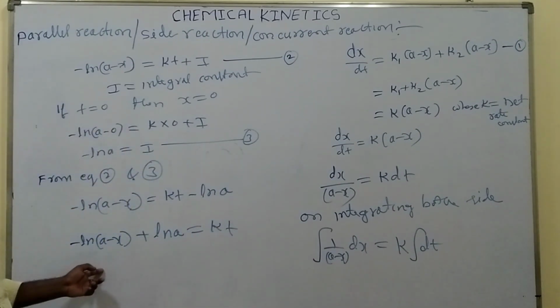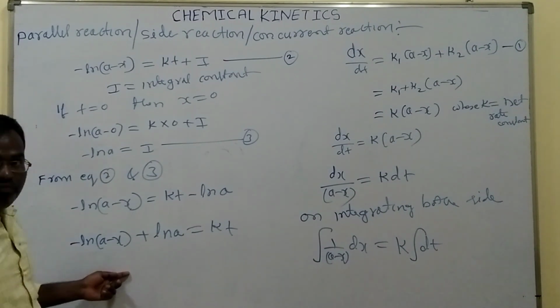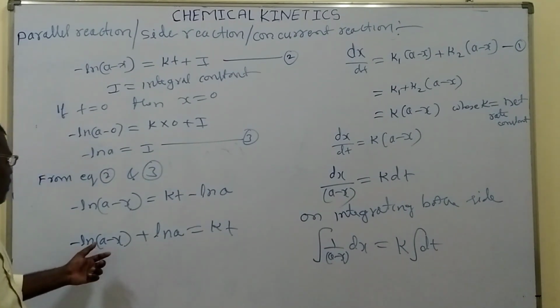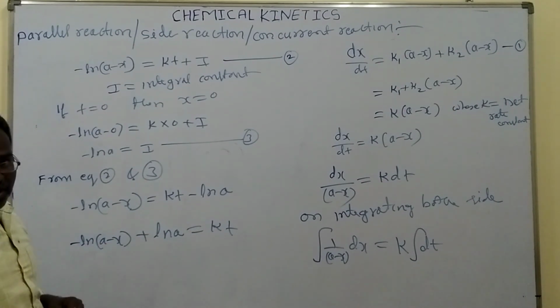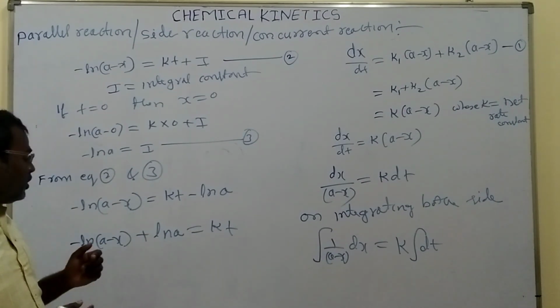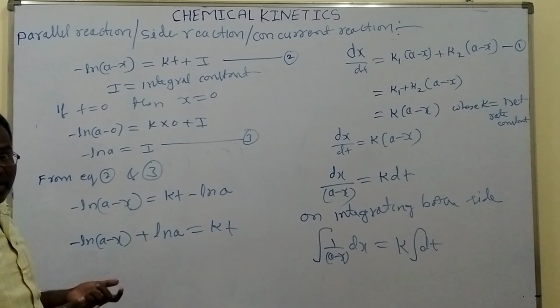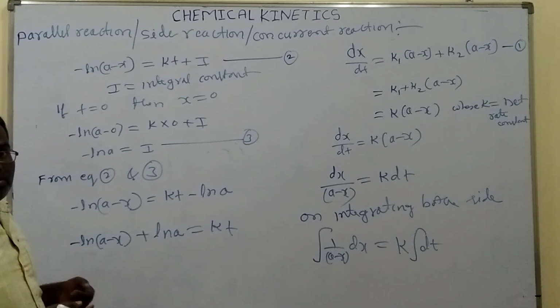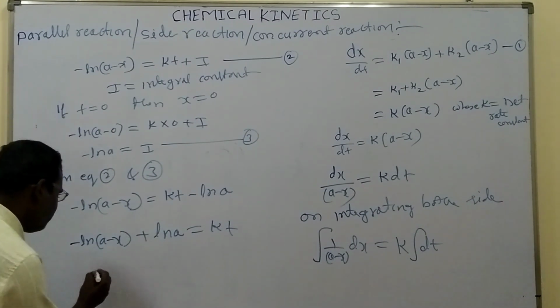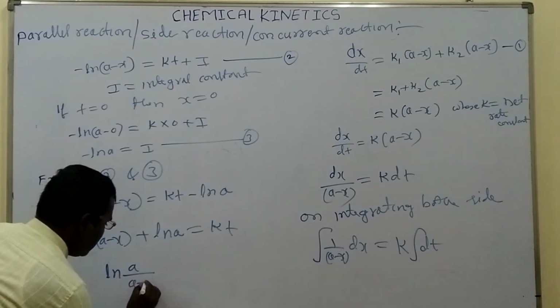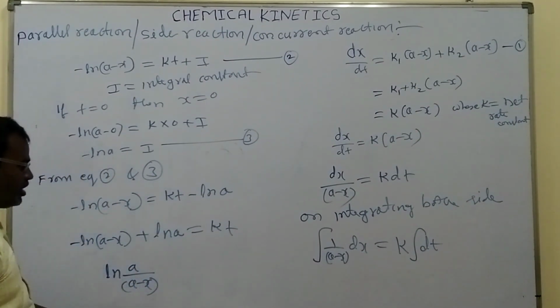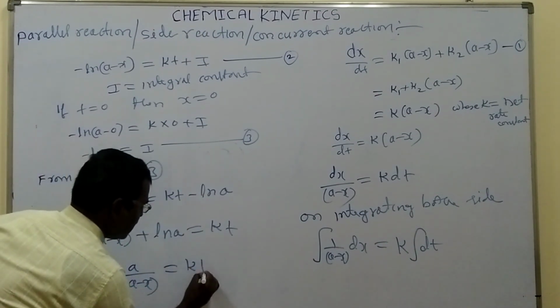How can we simplify this further? It is log a minus log b, which is equal to log a by b. So in that way, it is ln a by a minus x is equal to kt.